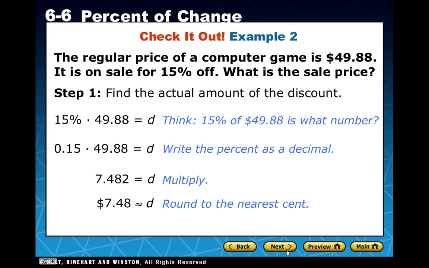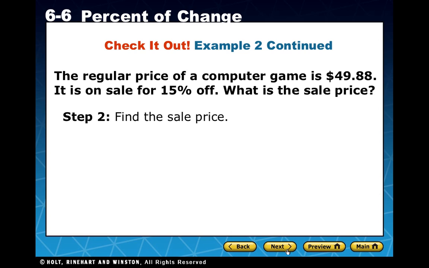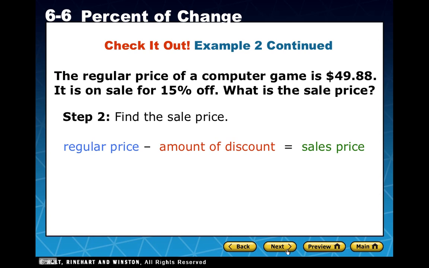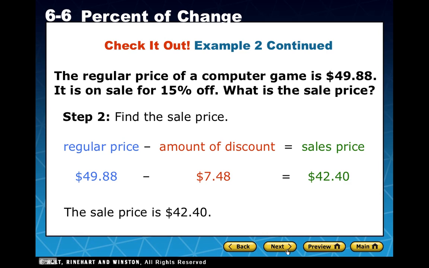Rounded to the nearest cent, we'll get $7.48. Now using that, we will calculate the sale price. Regular price minus the discount equals the sale price. So this means the sale price is $42.40.